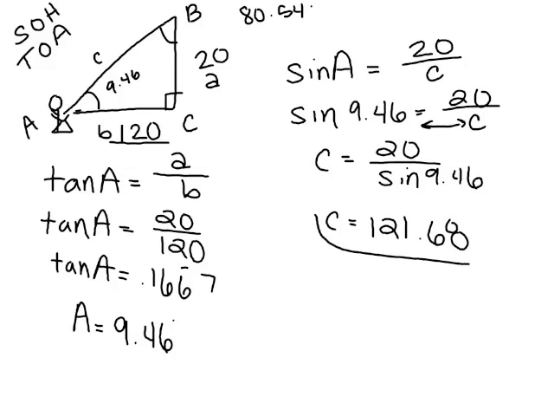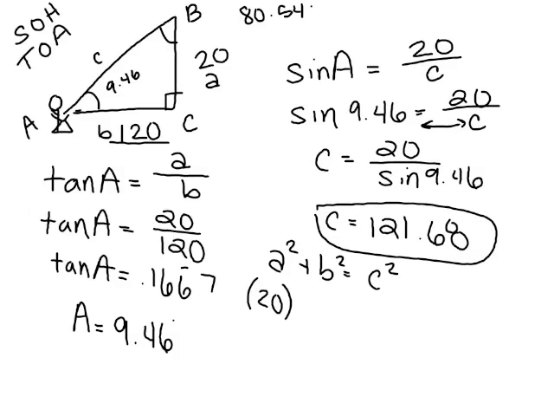Let's verify that using a squared plus b squared equals c squared. A is 20, B is 120, and I want to verify my C. 20 squared plus 120 squared equals 14,800.